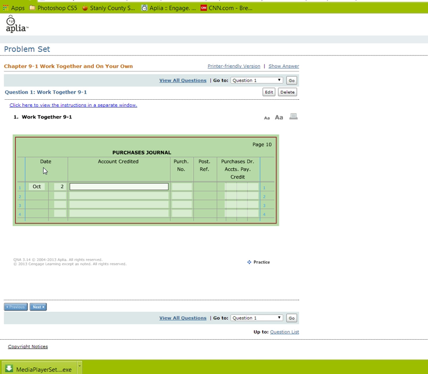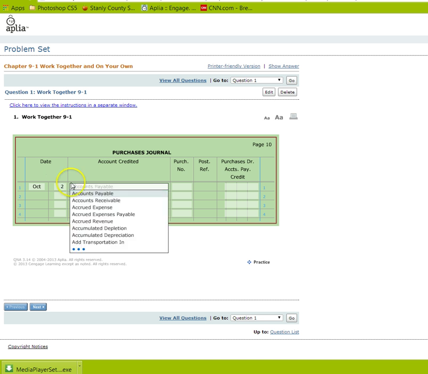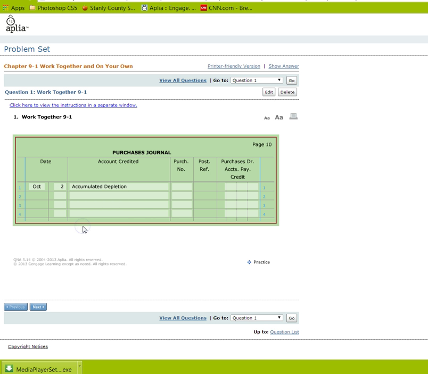And we bought this from American Tools. Okay, our purchase number is going to be our 116, purchase invoice 116, and the amount is the 1230.